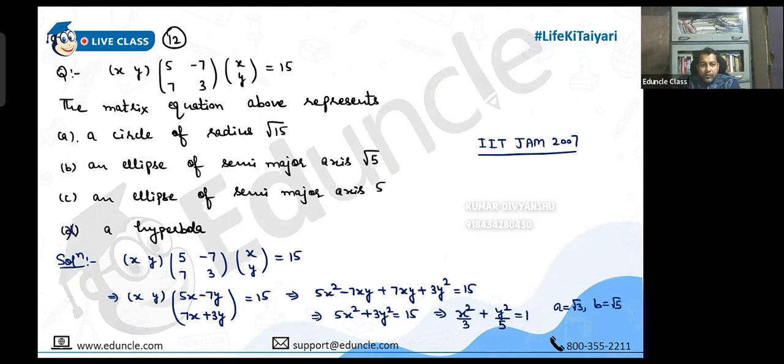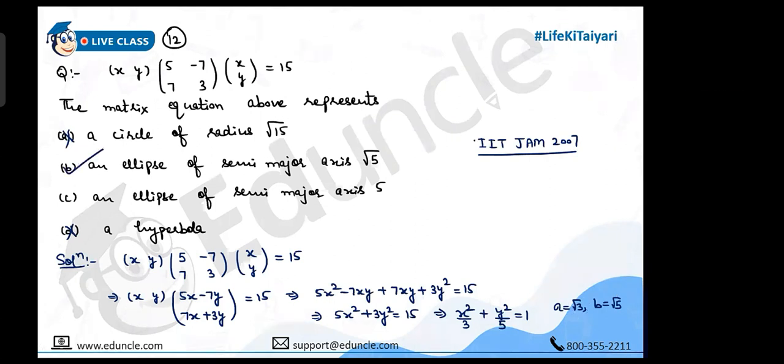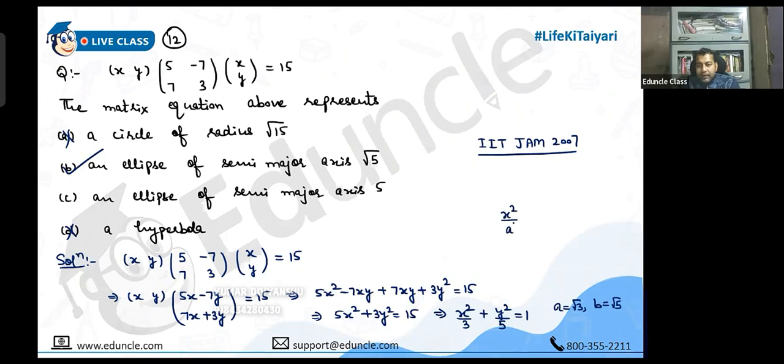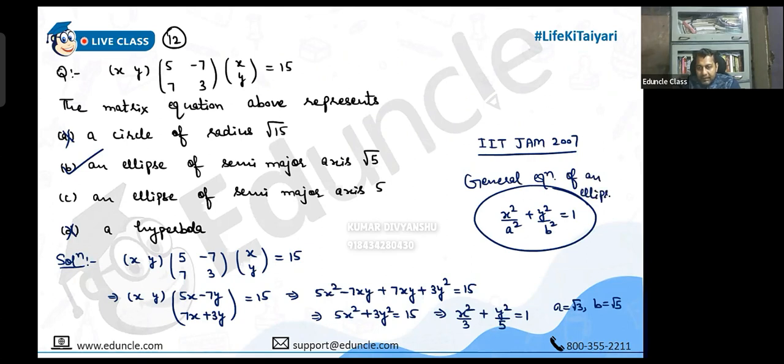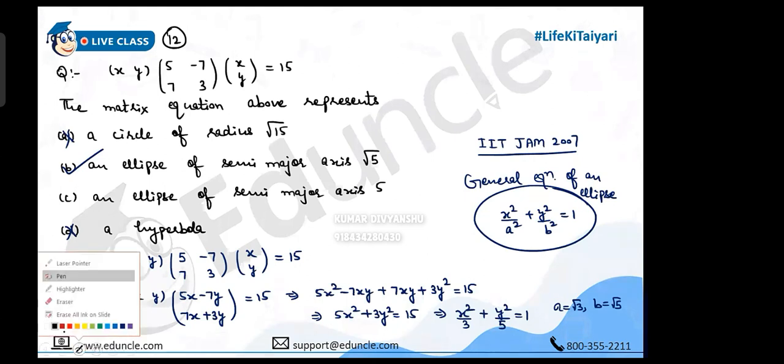So this is clearly the equation of an ellipse, and this is the semi-major axis, this is semi-minor, because root 5 is greater than root 3. So B option is correct. The general equation of an ellipse is this, with semi-major axis and semi-minor axis A and B.